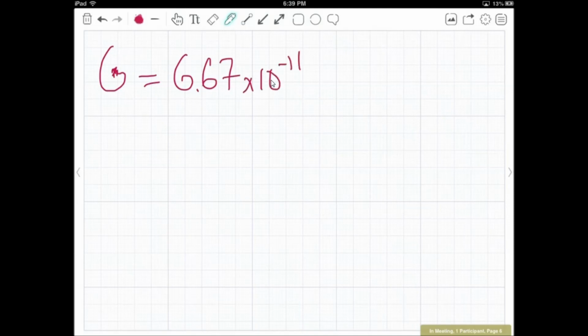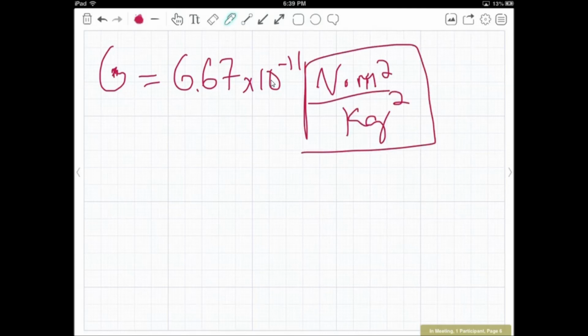Let me look it up. 6.67 times 10 to the negative 11 newton meter squared over kilogram squared. The importance of these units is that this cancels out in your problem. So when we use this constant, it doesn't change the units of our final answer. We still get newtons as our final answer. That's really the only importance of these units. You don't need to write them down when you use G.